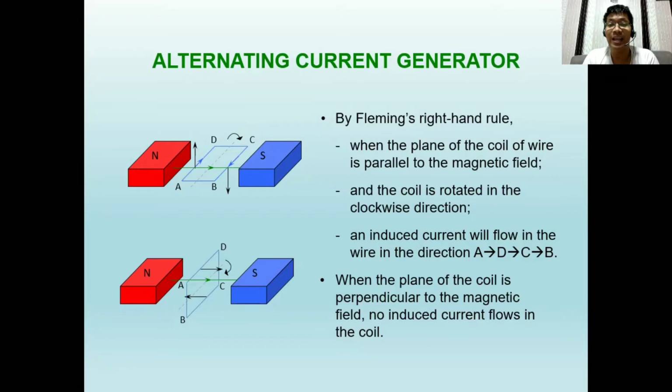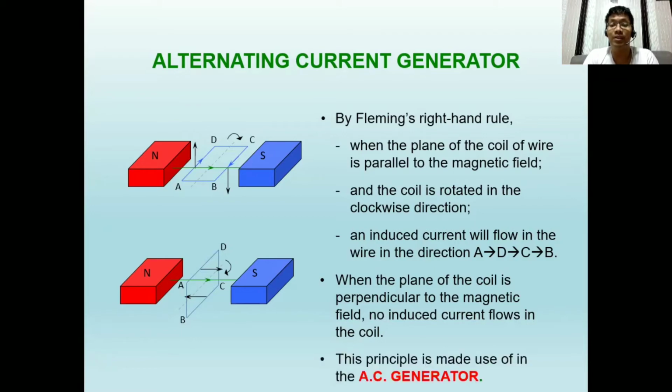Tatandaan ulit natin, kapag parallel ang coil sa magnetic field, it is the best position to produce the alternating current or electric current. While when the coil is perpendicular to the magnetic field, there's no induced current produced.